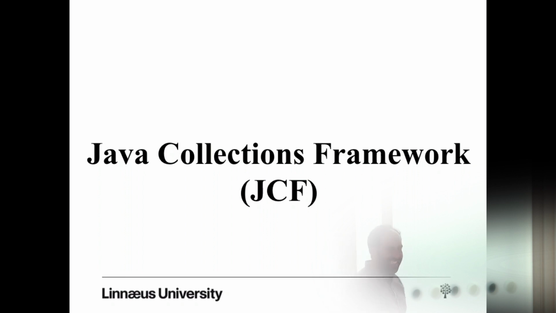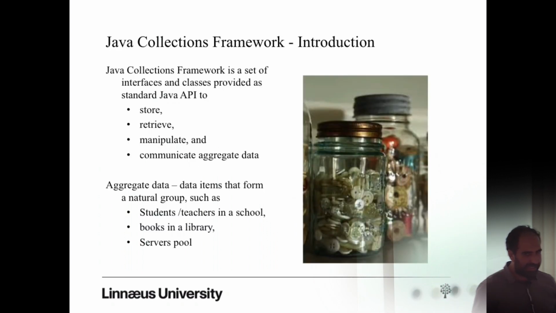So the next part in today's lecture is the Java collection framework, and as I told you in the beginning, the collection framework is a set of classes and interfaces that we use to deal with a set of data, the elements, more than one data item, to store, retrieve, and maybe process.